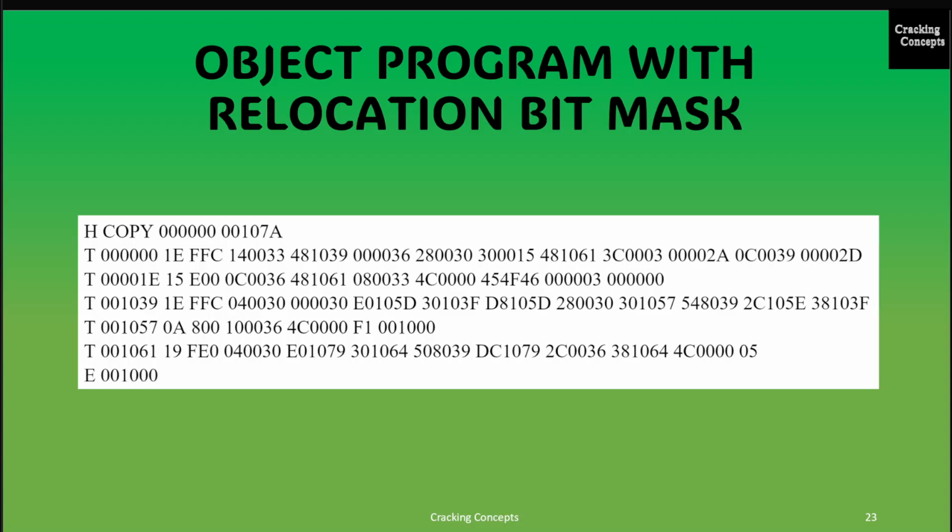Then taking the second entry in the text record, E00, it specifies that the first 3 words need to be modified because E stands for 14, which is 1110. So 111 and the rest are the zeros. So no modification needed.